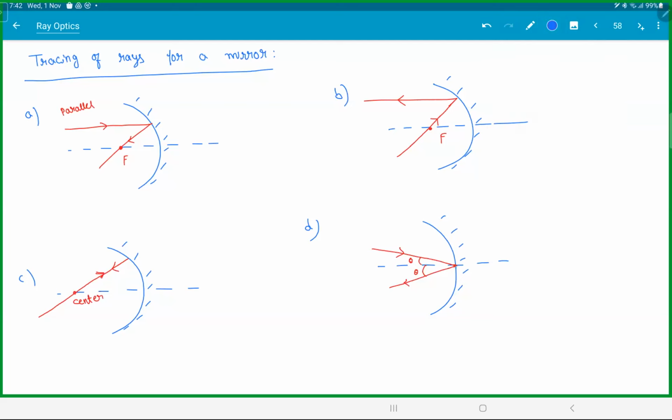Did you do this in school? ऐसा कुछ ray tracing diagrams? 10th ICSE, I think it is there, right? Object is at the center, image is at center, object is beyond center. हमने कुछ तो किया था ऐसा. Yes, same stuff. Have a look at this. It's fine. Even if you're not from ICSE, I'll still show you. Don't worry.